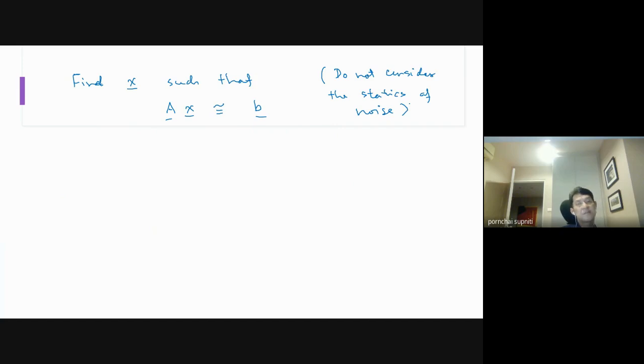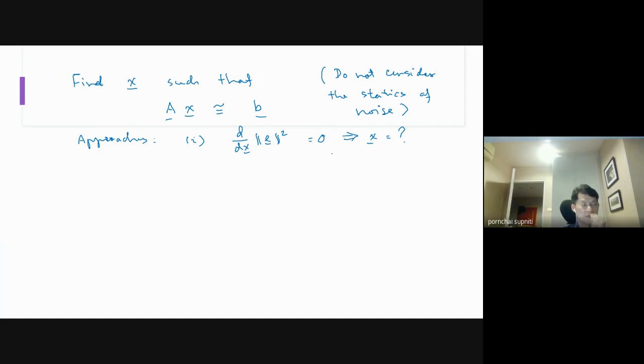So in order to solve for X, there are two approaches. Approach number one is to differentiate the errors, set it equal to 0, and then determine what X is.